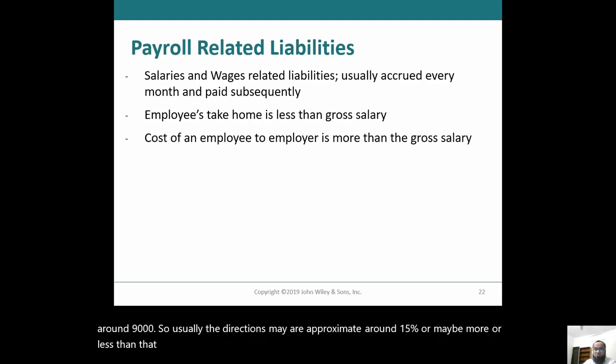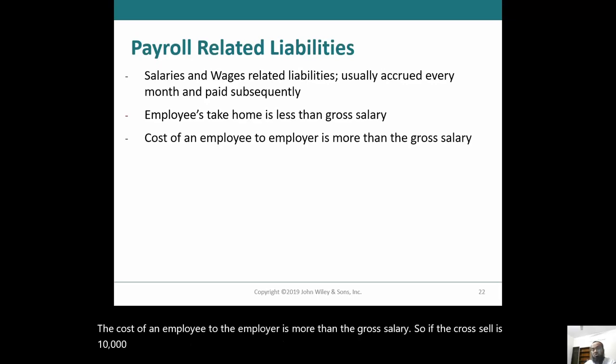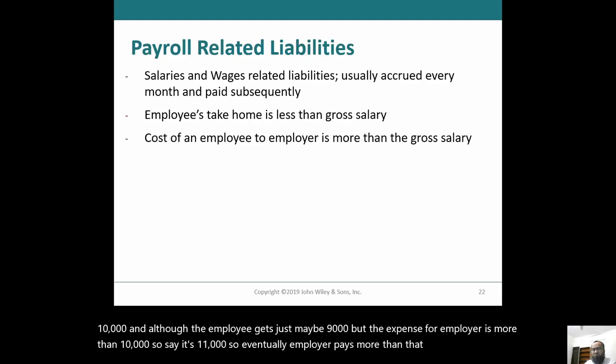Another important feature to note is that from the employer's perspective, the cost of an employee to the employer is more than the gross salary. If the gross salary is 10,000, although the employee gets just maybe 9,000, the expense for the employer is more than 10,000, say 11,000. So where does the difference go?